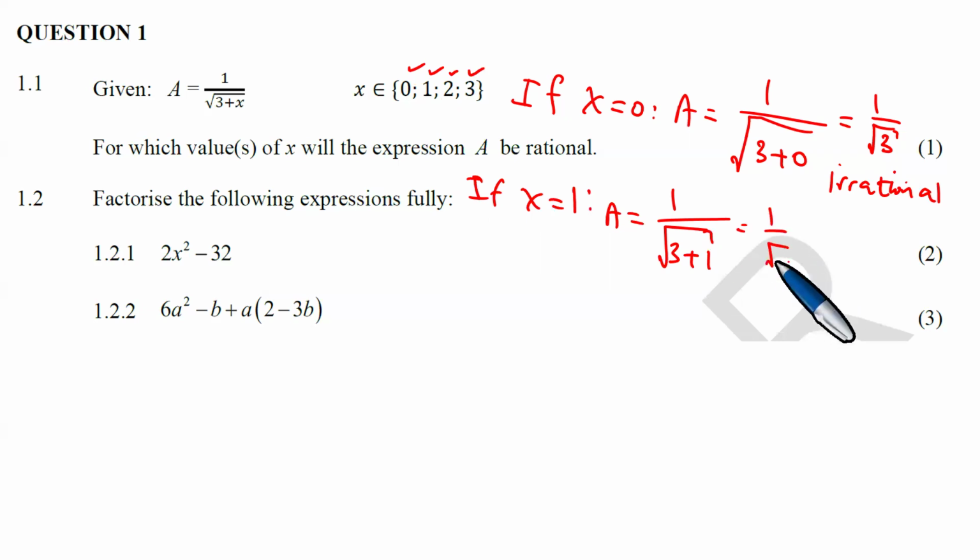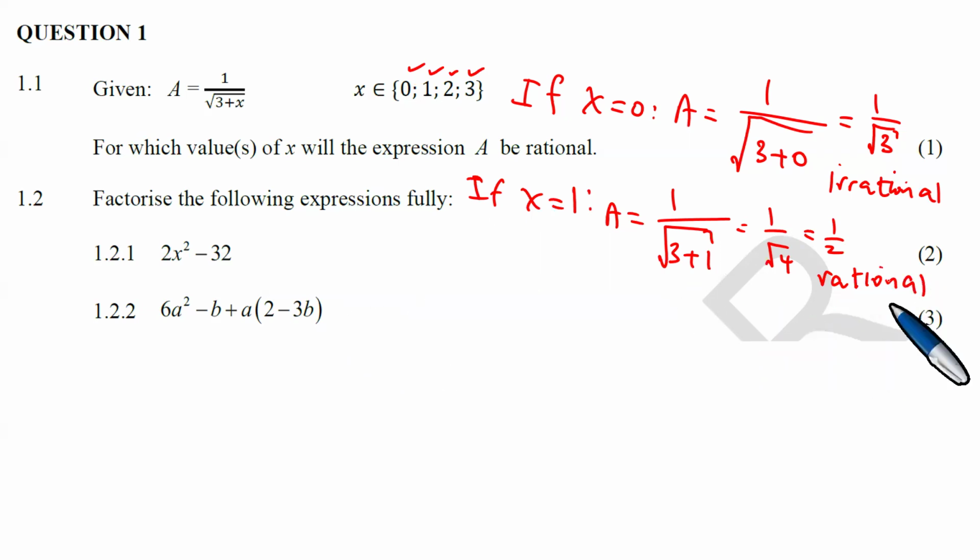So 1 over the square root of 4. What is the square root of 4? It is 2. So we have 1 out of 2, and the number 1 over 2 is rational. It is a rational number.